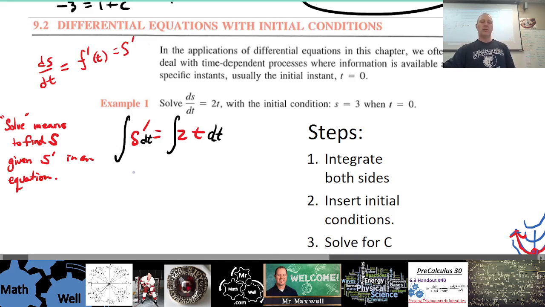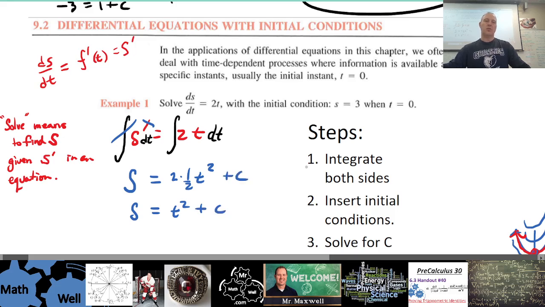So if we integrate, this is now going to be just s, right? The integral of a derivative just gives you the original function back. And so that's going to be s. The integral of 2t dt, that's going to be 2 times 1/2 t squared. We add to the exponent there, we divide by that new exponent and so on. So we have s equals t squared plus c.